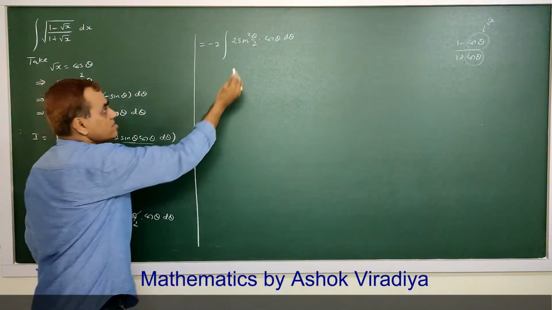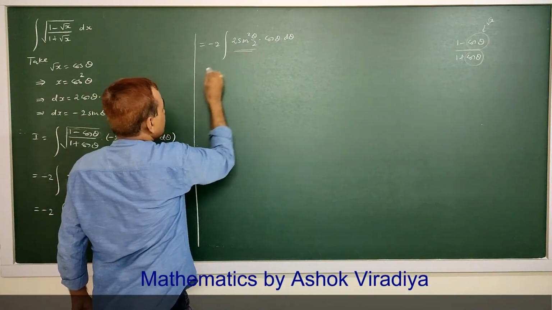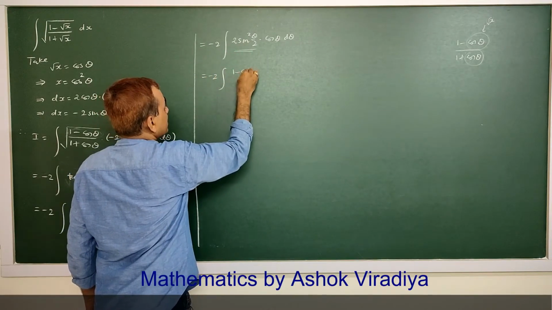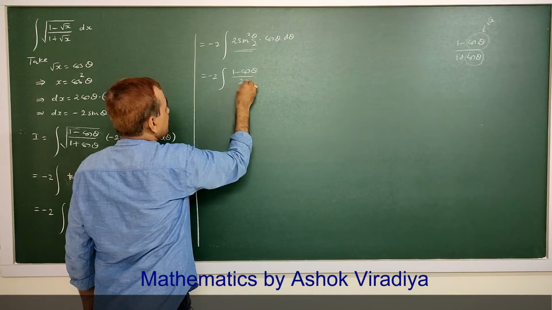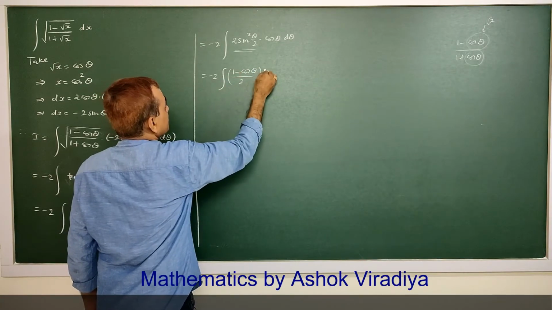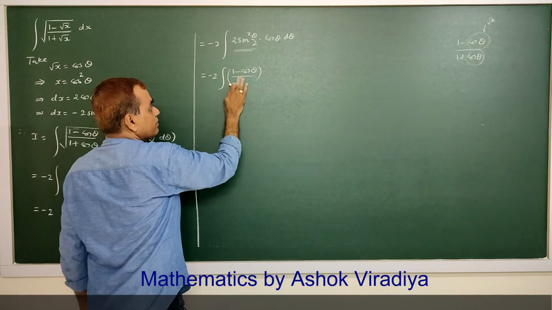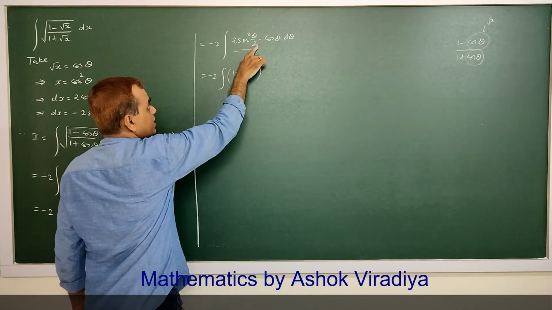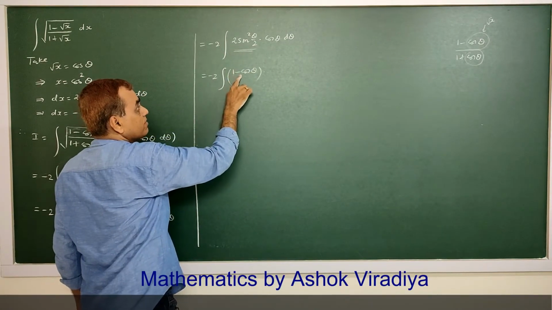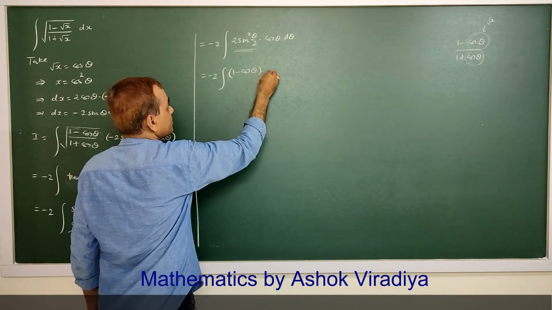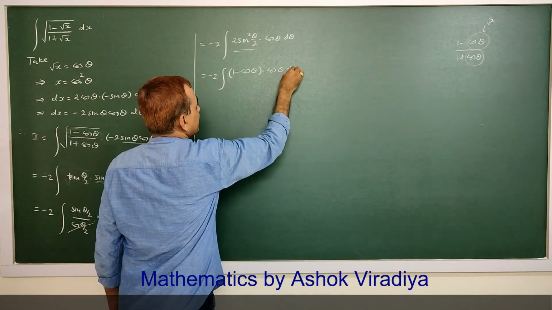Now see, again here we use a formula. 2 sin square theta by 2 is 1 minus cos theta, because 2 is already here, so we don't keep another 2. It is the formula into cos theta d theta.